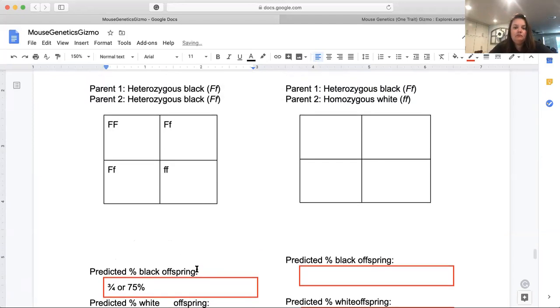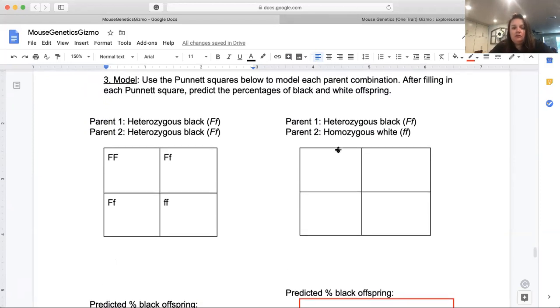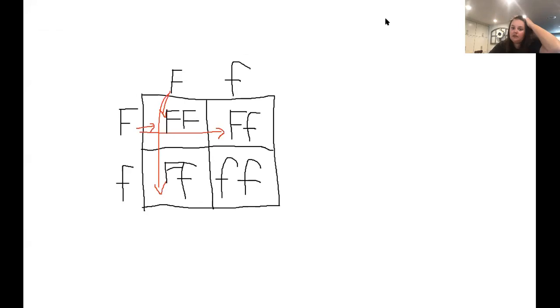All right, let's go ahead and do the second one now. The second one says heterozygous black, capital lowercase, and homozygous white, lowercase, lowercase. So what we're going to do is get our whiteboard again, and let's clear our whiteboard.